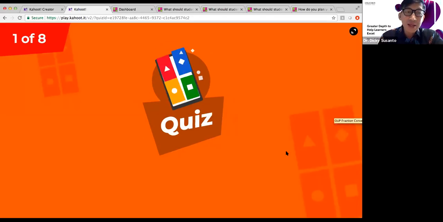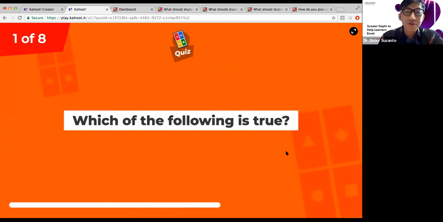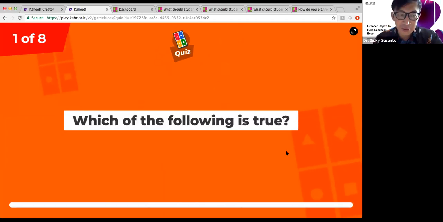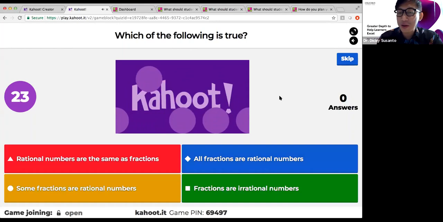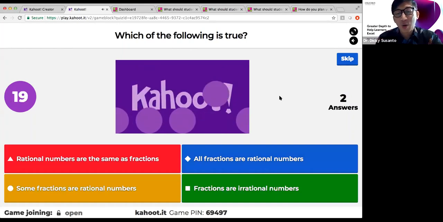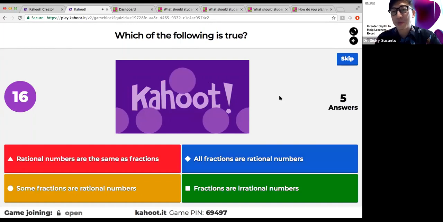Okay, get ready. So the first question: which of the following is true? Rational numbers are the same as fractions. All fractions are rational numbers. Some fractions are rational numbers. Or fractions are irrational numbers.